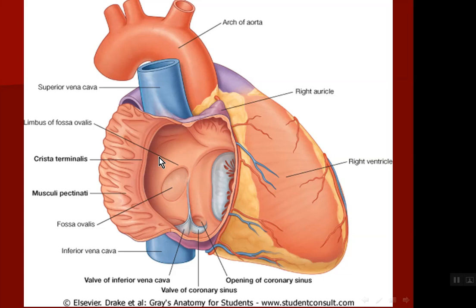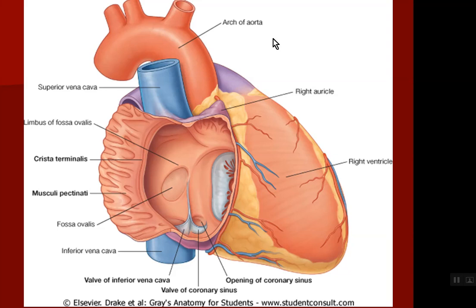The cavities located superiorly are called atria, and the cavities located beneath and inferiorly are ventricles. Both atria, right and left, are like a place for accepting, receiving, and draining the blood.